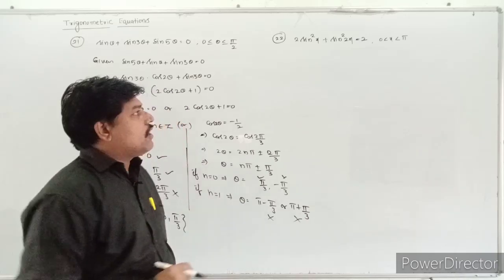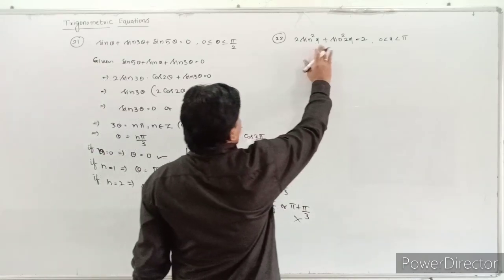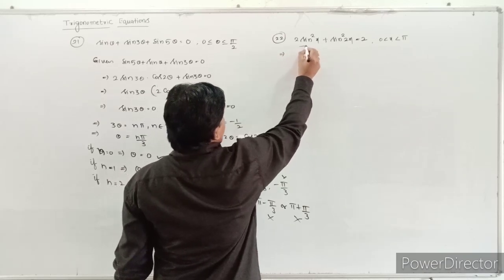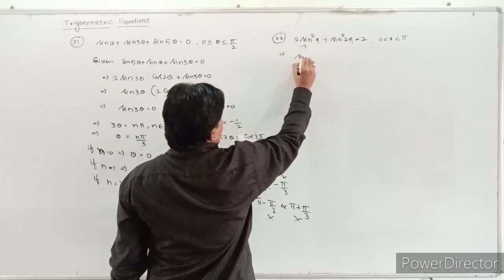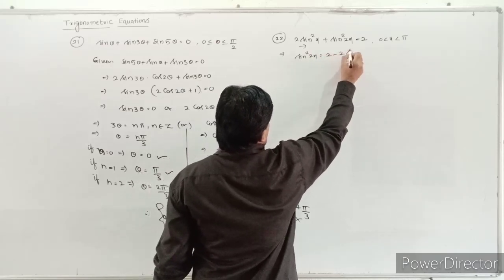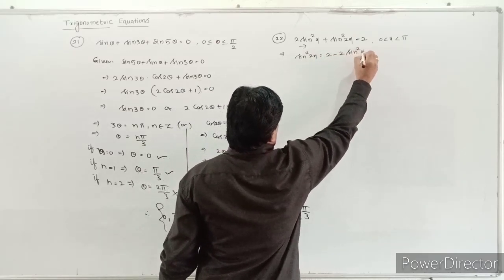Okay. So first, to simplify the equation, students: 2 sine square x plus sine square 2x is equal to 2. Take this term to that side. Sine square 2x is equal to 2 minus 2 sine square x.